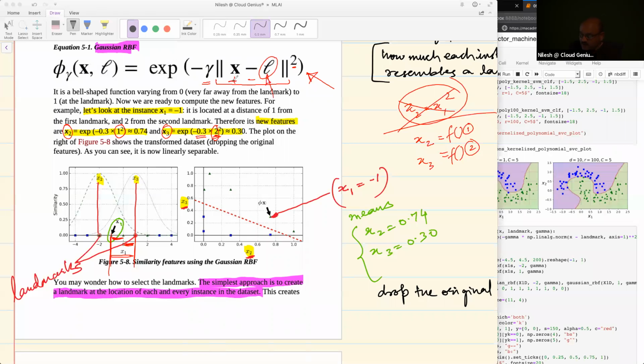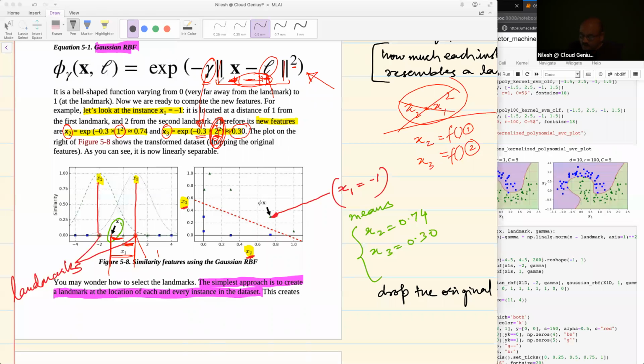And so the distance between that position and the landmark is at 1, and this is at -1. So this becomes -1 minus 1, which is -2, and you're taking a square of that. That makes it a 2 square, and gamma value is chosen to be 0.3, and that's the basis for this math.